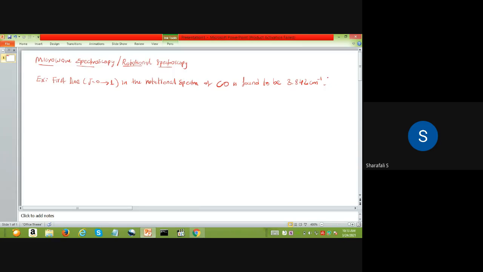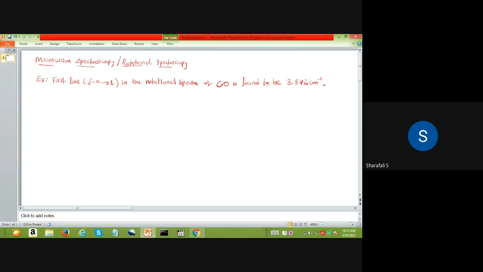So in this case, what will be the interatomic distance, that is, between the carbon and oxygen?